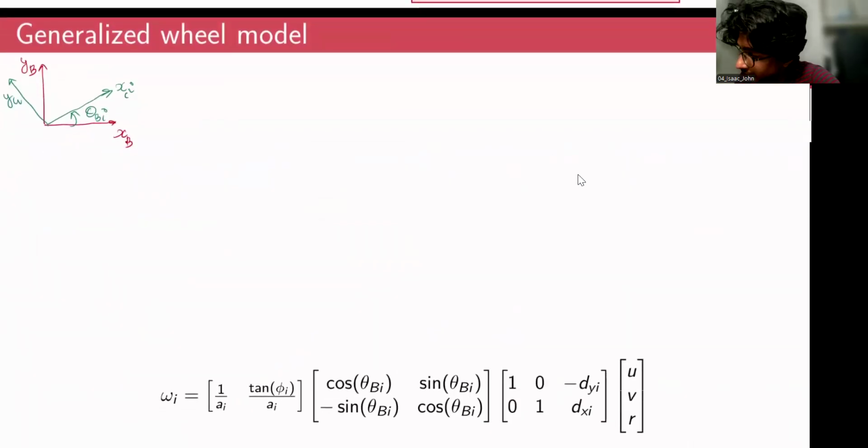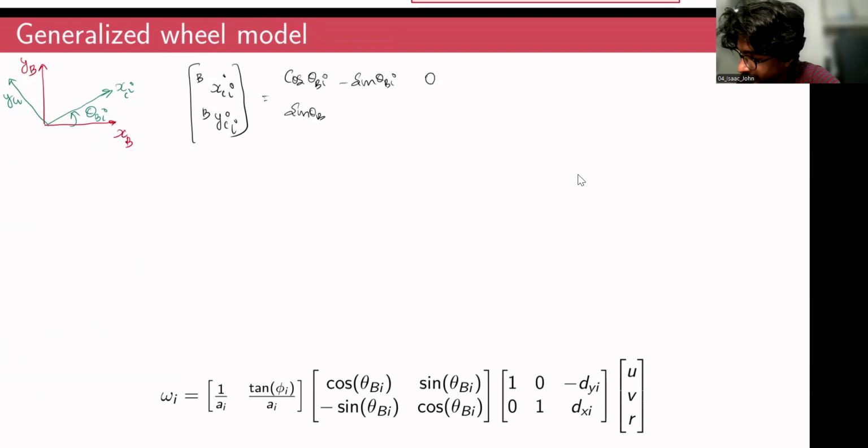So in essence, this xci dot and yci dot with respect to b is nothing but cos theta bi, minus sin theta bi, 0, then sin theta bi, cos theta bi, 0, then 0, 0, 1.